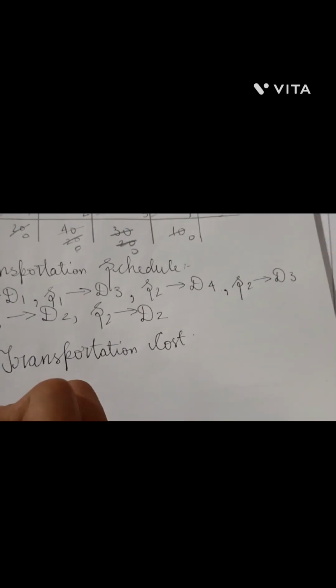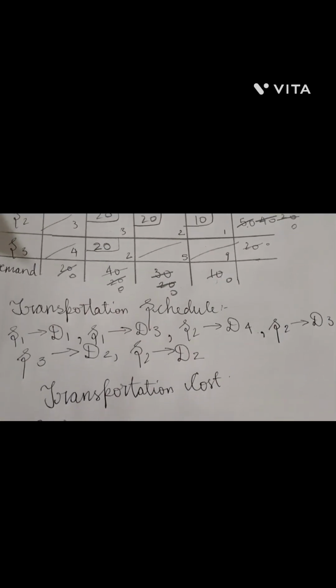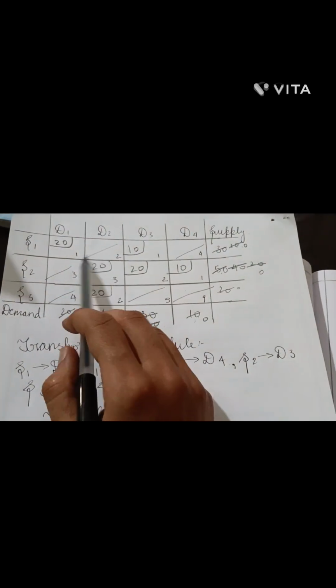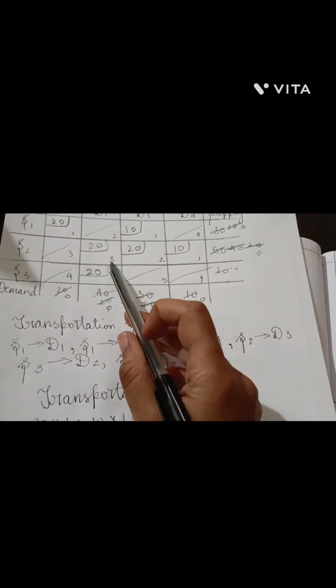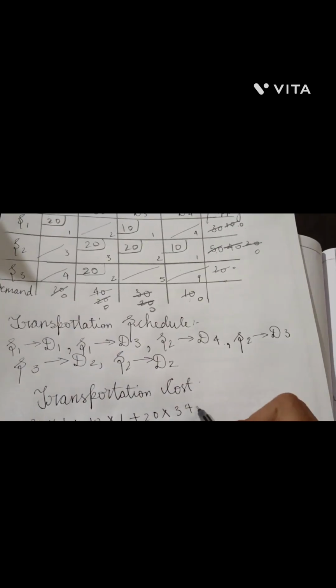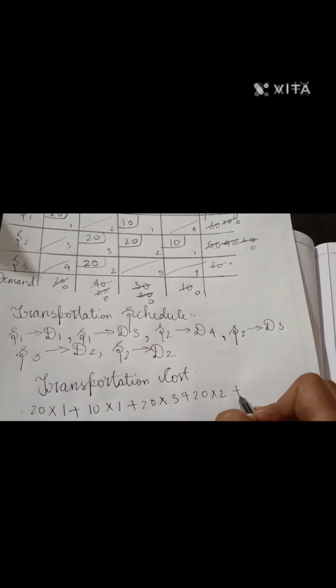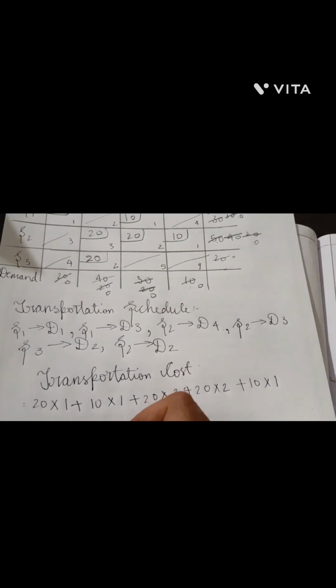Transportation cost will be 20 into 1, this one, 20 into 1, and then plus 10 into 1 plus 20 into 3, this one, plus 20 into 2 plus 10 into 1 plus 20 into 2.